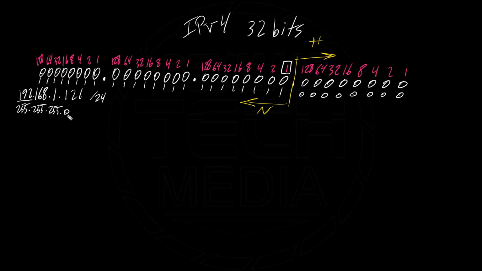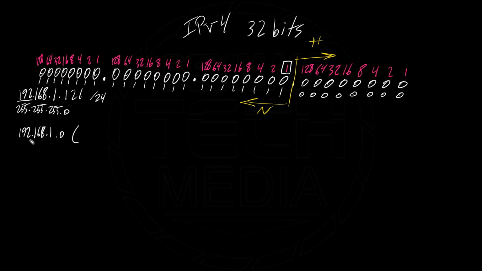Where the octet is 255, we just write down the same octet, so 192, 168, 1, and where the octet is 0, we just write down 0. And this 121 is the IP address in this network.